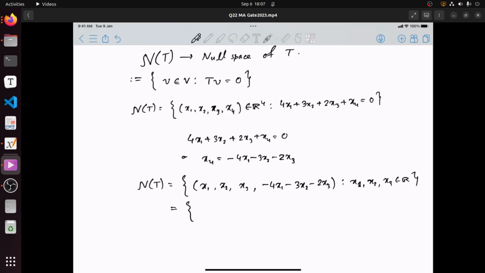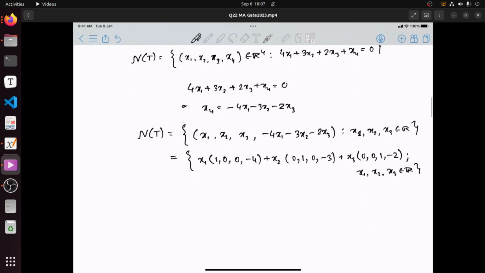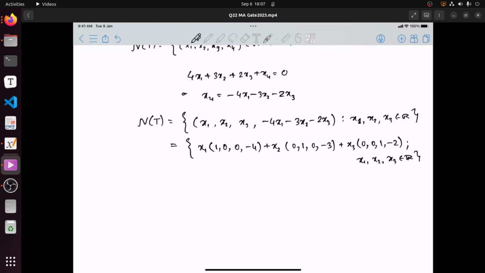So then what will it look like? You can take x1 common: x1 times (1, 0, 0, minus 4) plus x2 times (0, 1, 0, minus 3) plus x3 times (0, 0, 1, minus 2), where x1, x2, x3 are real numbers.